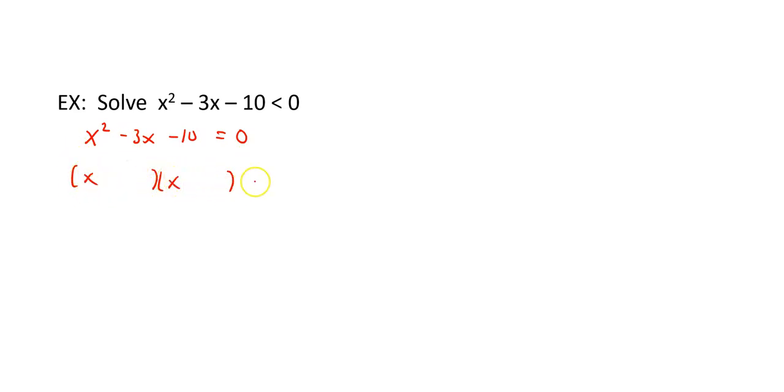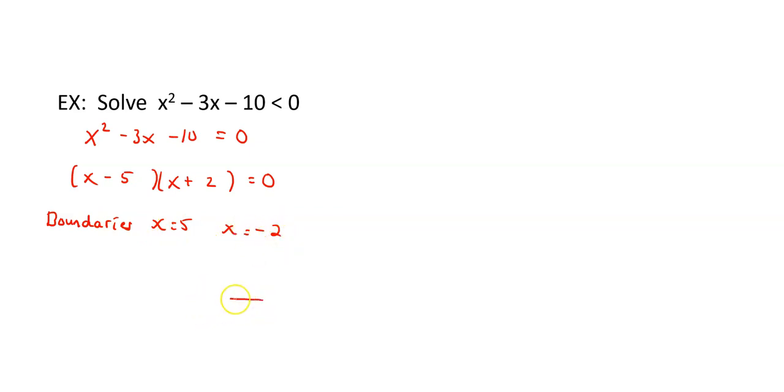If they don't factor, you can always use the quadratic formula, completing the square, etc. Factors of negative 10 that add up to negative 3. Let's go with negative 5 and positive 2. Square it back, you get x squared minus 3x minus 10. So my two boundaries are x equals 5 and x equals negative 2.